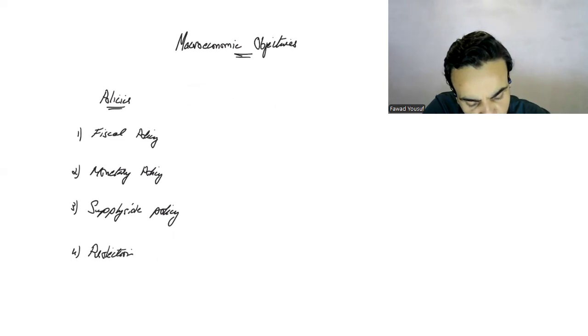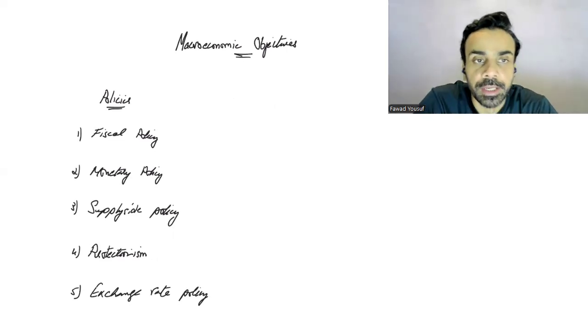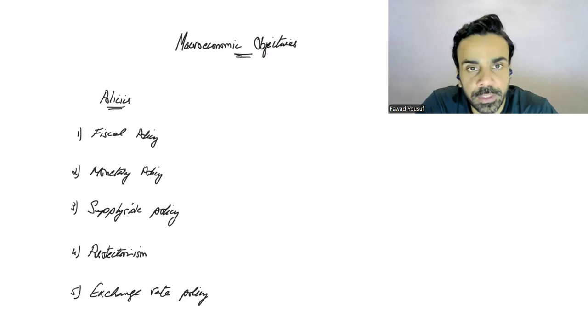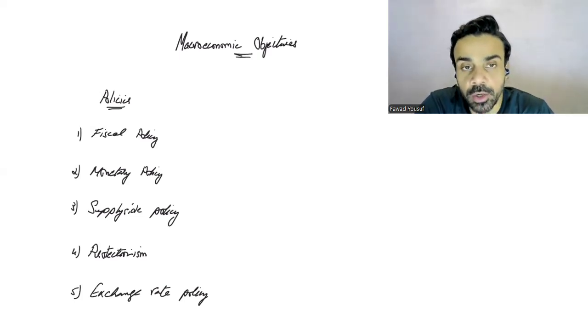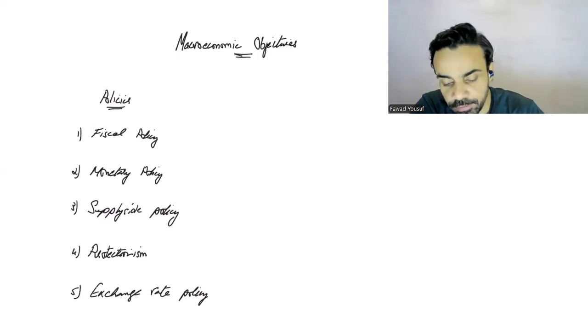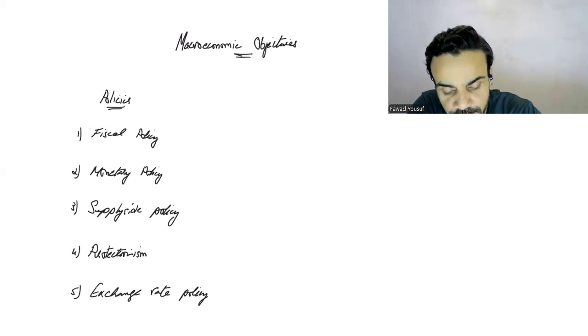There's an entire topic on this, protectionism. And this also goes into monetary, but you can also treat it as a separate policy. So we basically have five policies with which we are hoping to achieve our macroeconomic objectives.